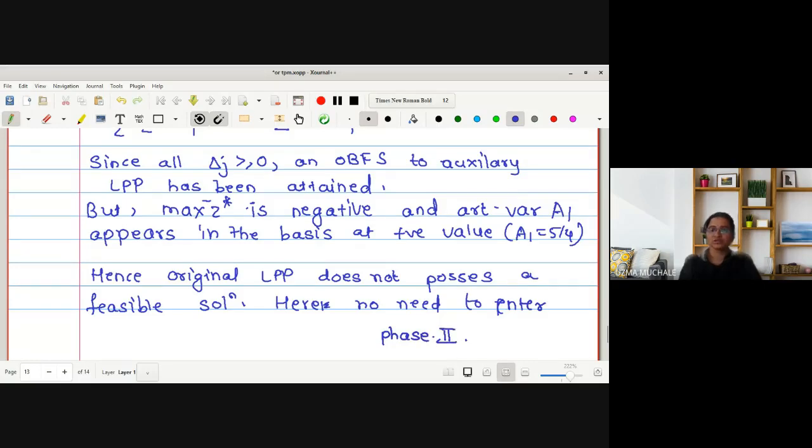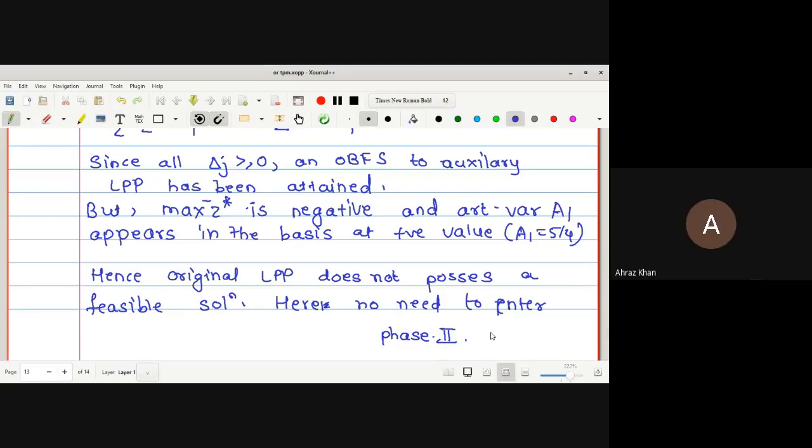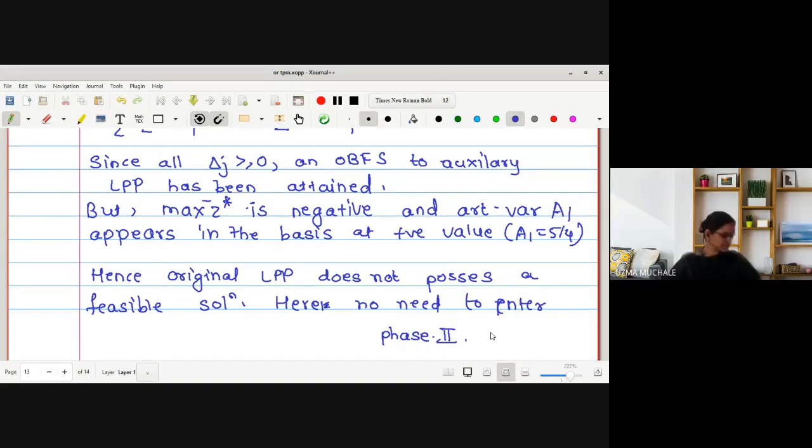Okay, understood the method? Yes, ma'am. Okay, of the two examples we have covered, the second example shows a case where there is no need to enter phase 2. Whenever an LPP is given in which the constraint inequalities are of the type greater than or equal to, or equal to, and it is not specified by which method you should solve, then you have the freedom to choose either the two-phase method or the big M method.